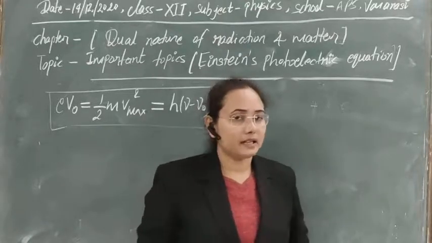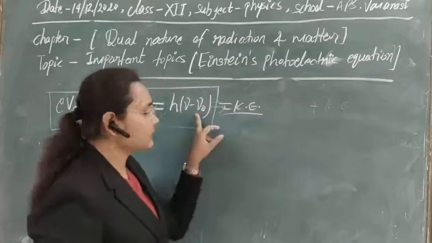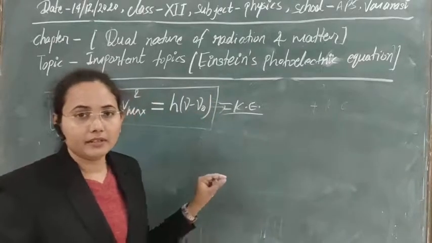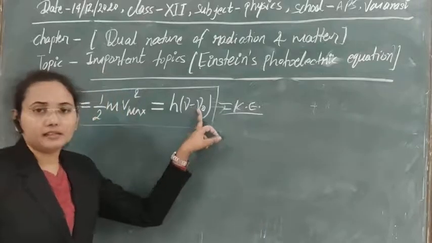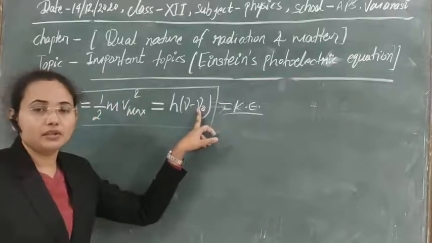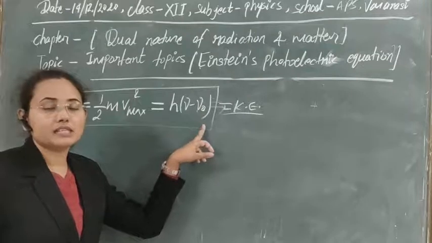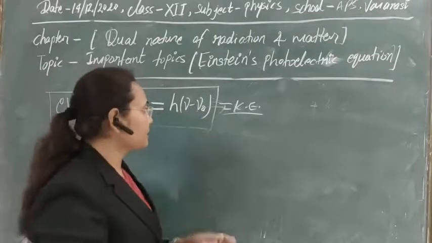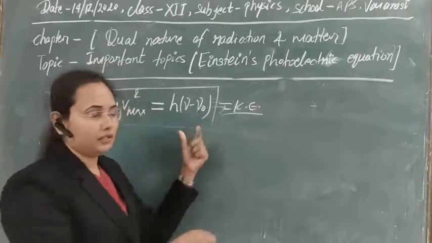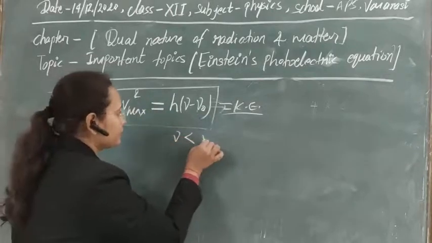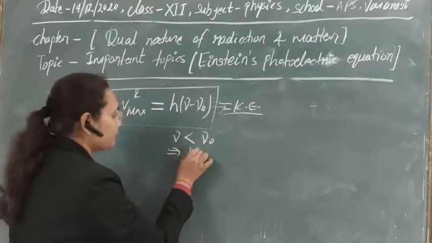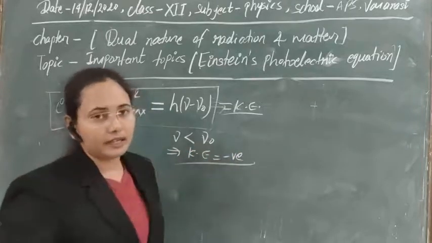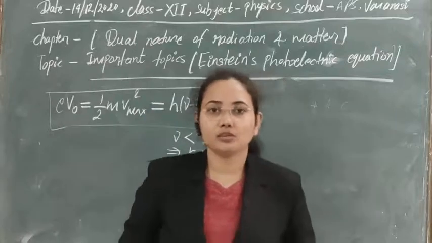The fourth thing is that here we can see that no electron will be ejected whenever the frequency is less than this frequency nu 0. Obviously, if the frequency is less than nu 0, then this whole expression will be negative, and the kinetic energy will be negative. A negative kinetic energy is not possible.